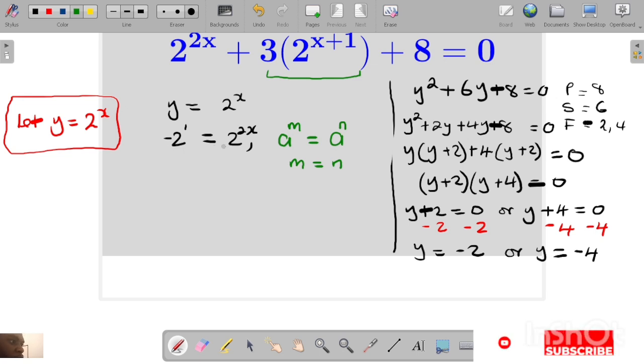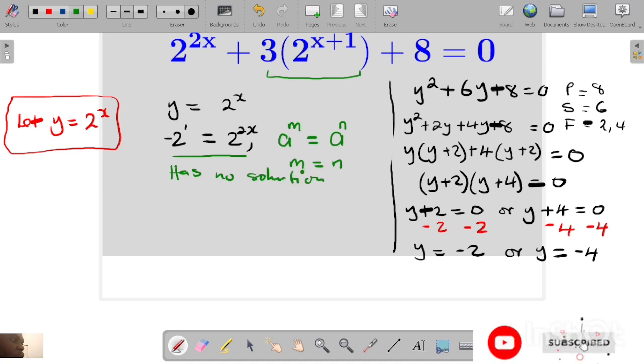But when you look at our case here, we have negative 2. So meaning this equation has no solution, because you cannot have a log. Even if you introduce log, log of a negative number has no solution.